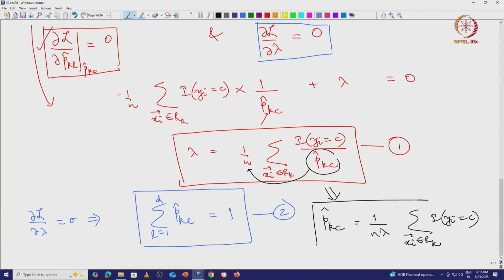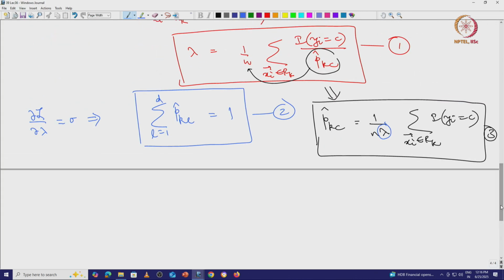This is the expression you get for p hat k c, and let us call this equation number 3. Now I will plug equation 3 into equation 2. Why? Because I want an equation that does not depend on the Lagrange multiplier, so I am trying to eliminate it. Let us do that and see what happens.